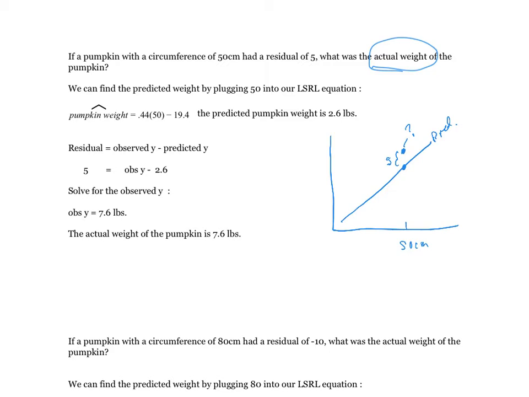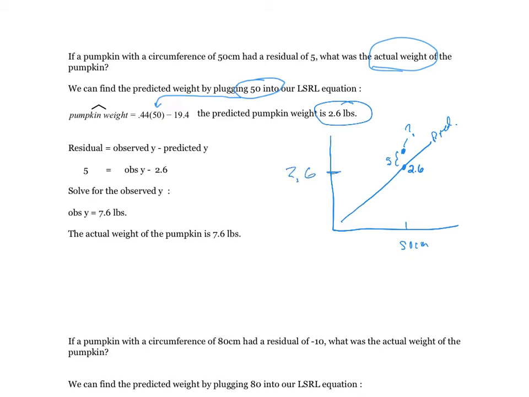So how would we find the predicted weight of a 50 centimeter pumpkin? Well, we would plug it into our least square regression equation. So a 50 centimeter circumference pumpkin would be predicted to weigh 2.6 pounds. So that means this is 2.6. That's the y value for that point.